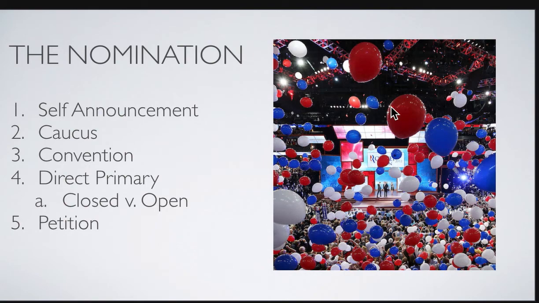We see this on the national level with the Democrat and Republican conventions, and this is how they officially nominate a candidate on the national level. But in each state that chooses to do a convention this way, they will send those delegates to their capital city or whatever major city they've decided to do that, cast their ballots, and they will represent the people back home in the way that they choose to vote.